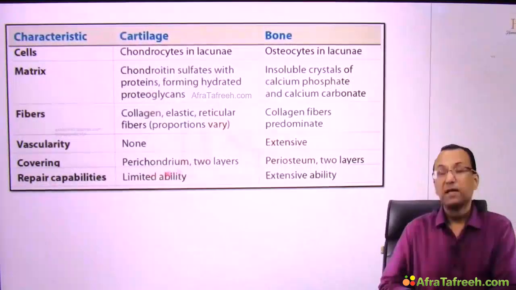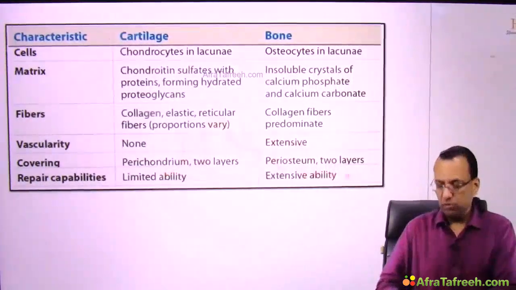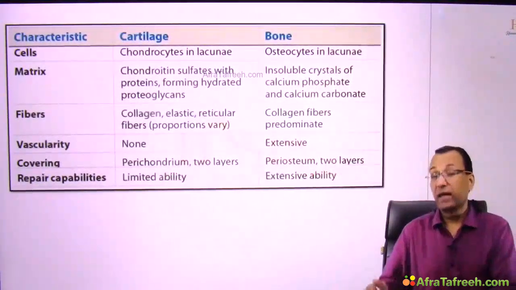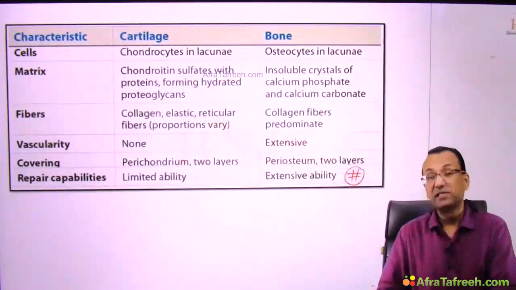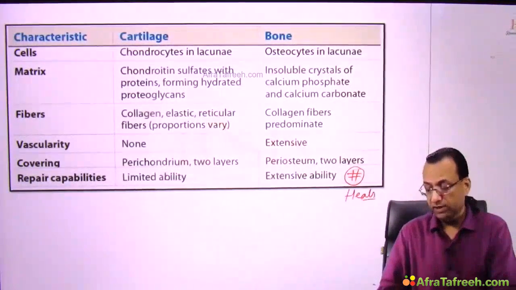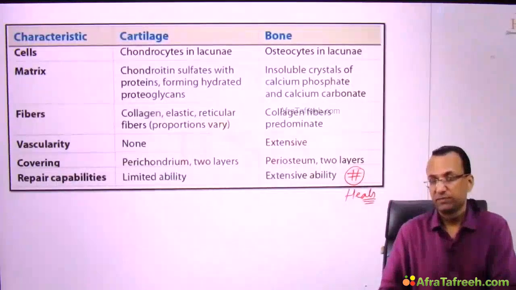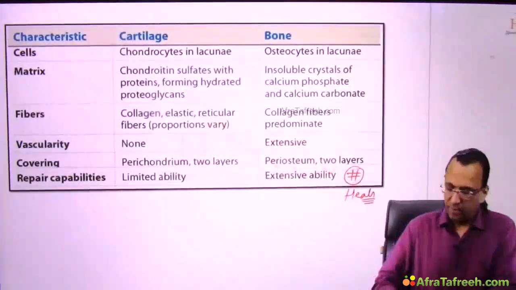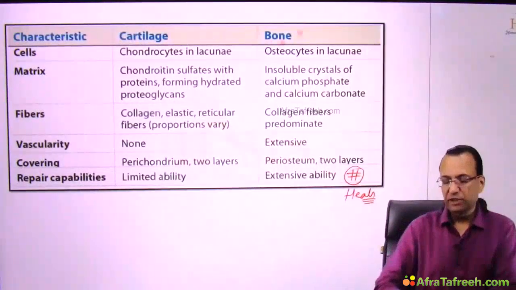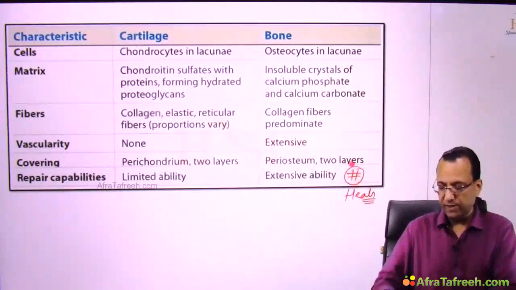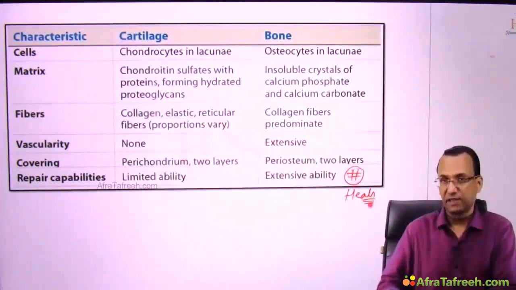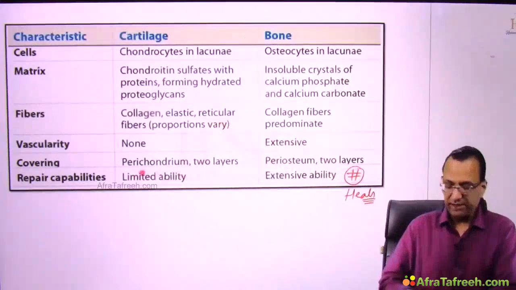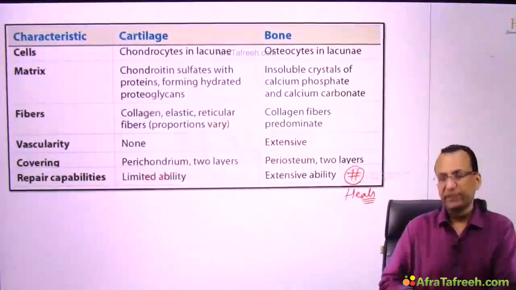And what about the bone? If there's a fracture, what happens? It heals. But once the cartilage is gone, it's gone. So when you're talking about the bone, like a fracture is there, fracture healing is there. It will have extensive ability to heal itself, but the cartilage has limited ability of regeneration.